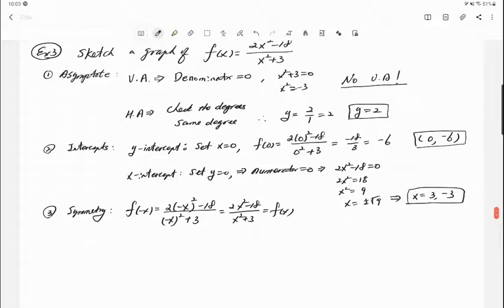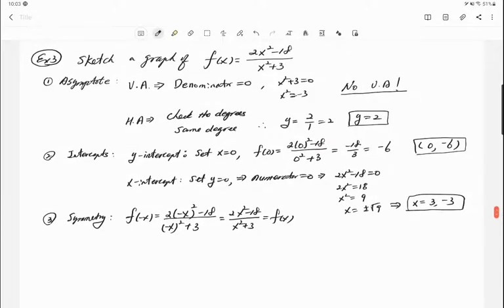So this is symmetric with respect to the y-axis. So once we graph only the part where x is greater than 0, then we can make it symmetric.